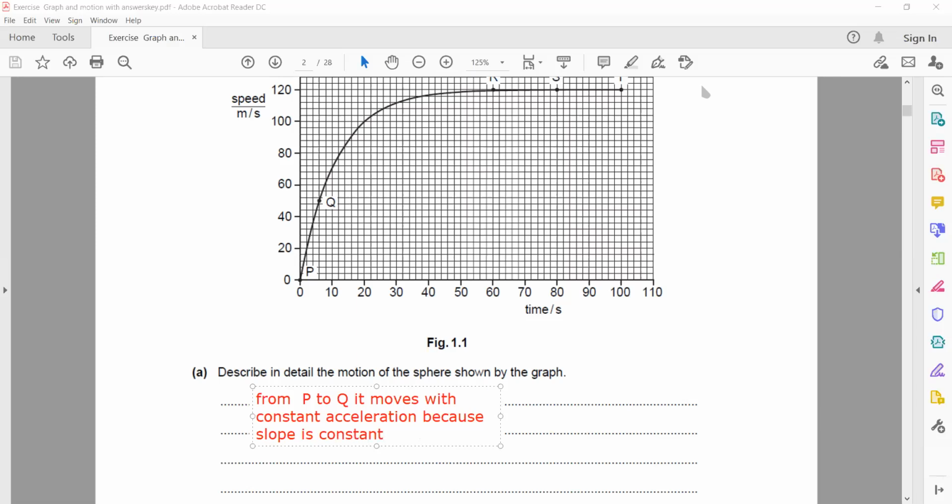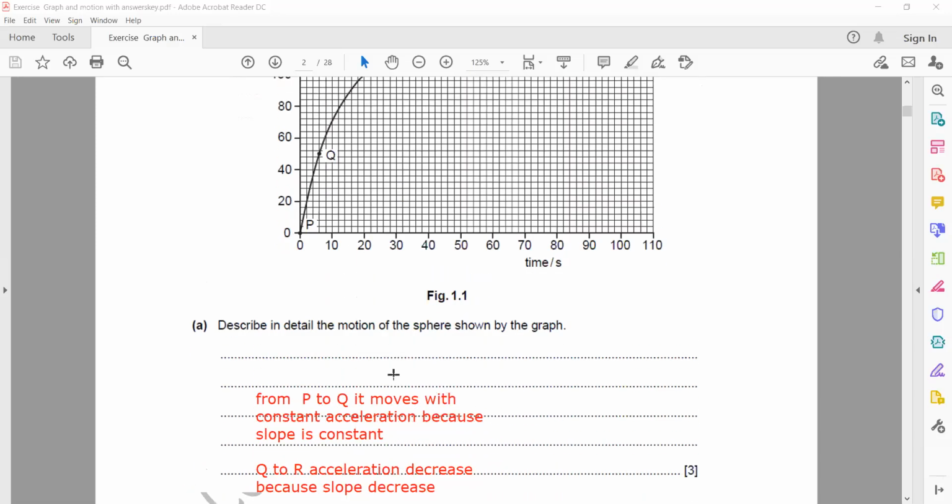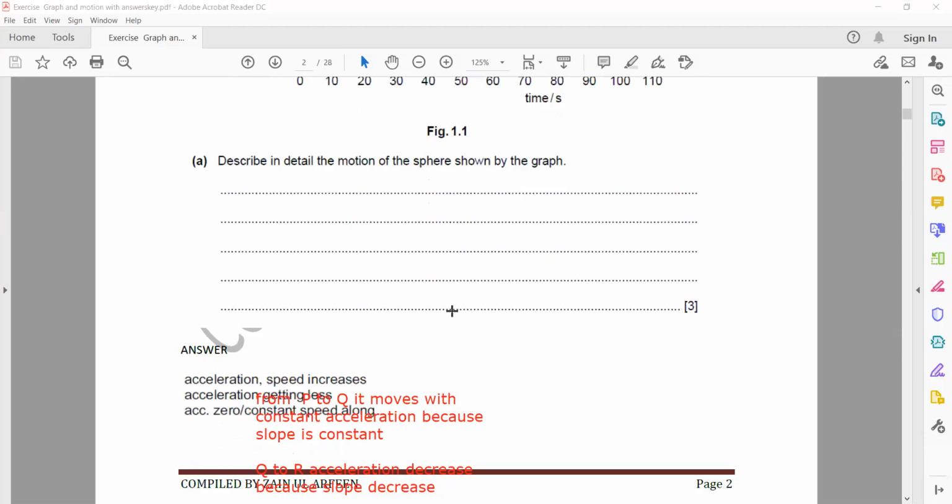Then from Q to R, acceleration decreases because the slope decreases. And from R to T, what happened?